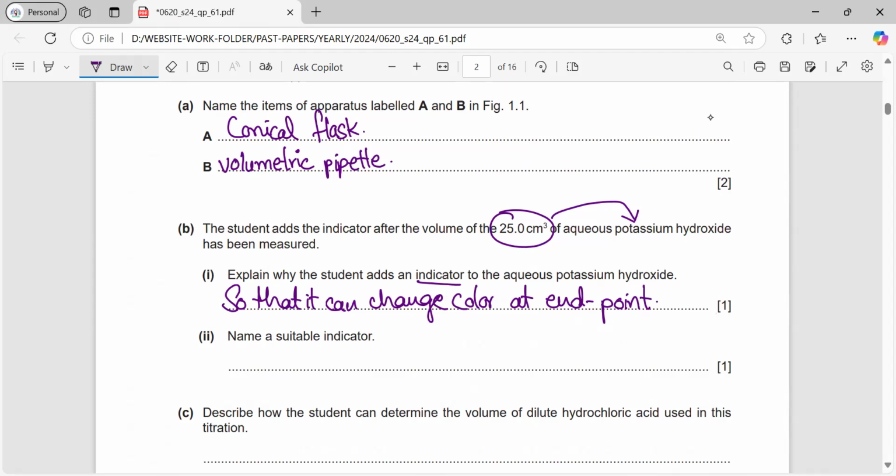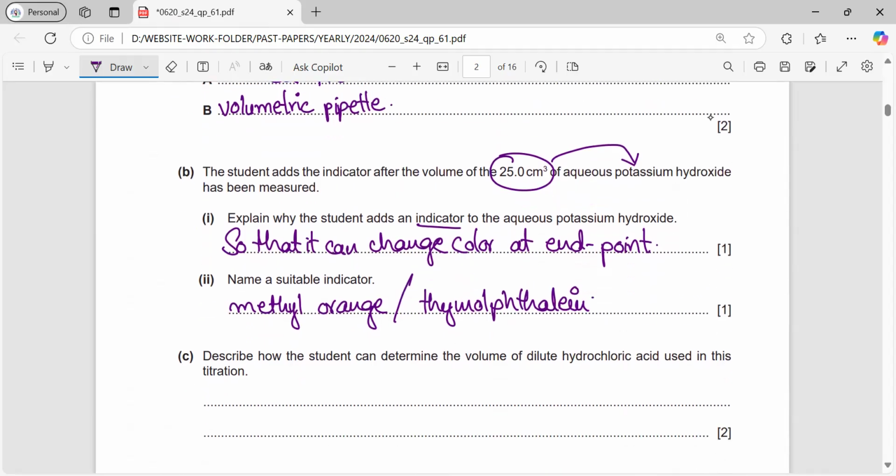That's called the endpoint, and the indicator changes its color. Name a suitable indicator. So in the titration, we can use methyl orange, or we can also use thymolphthalein. Describe how the student can determine the volume of dilute hydrochloric acid used in this titration.